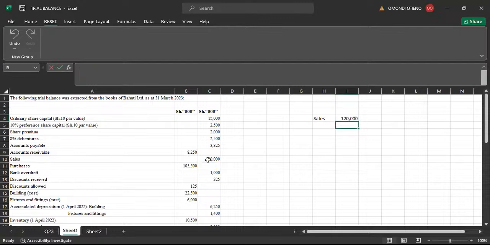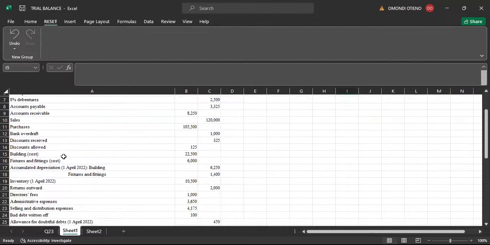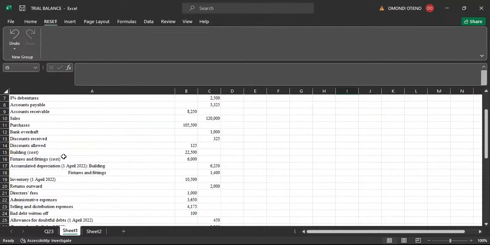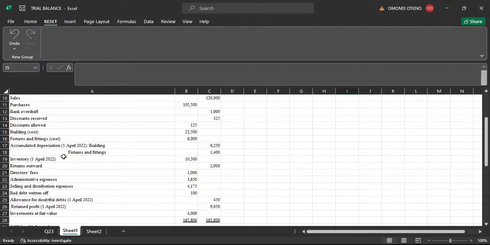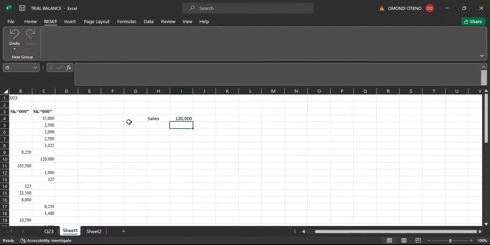Then these sales, maybe there are some customers who returned goods. So do we have return inwards or sales return in this particular question? I think there is none.